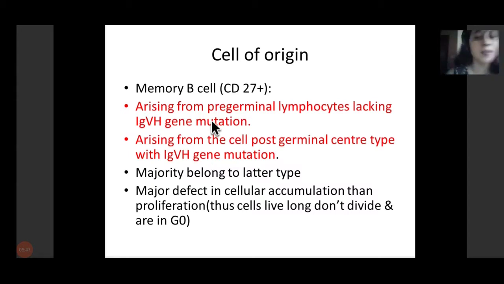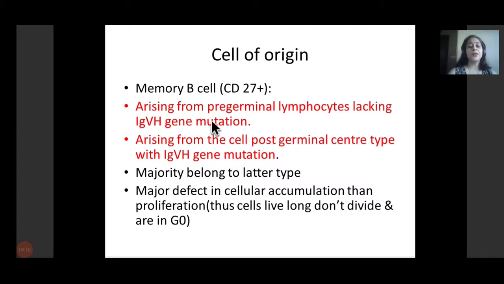But the other cells are the post-germinal center cell type, which have the gene mutation in the heavy chain region of the immunoglobulin, and they comprise another compartment of CLL as per the cell of origin and the pathogenesis involved.